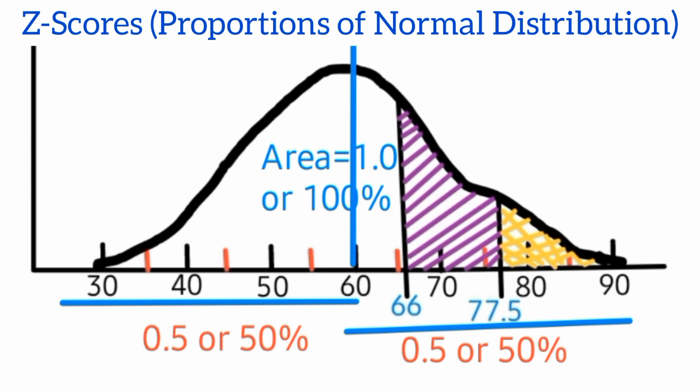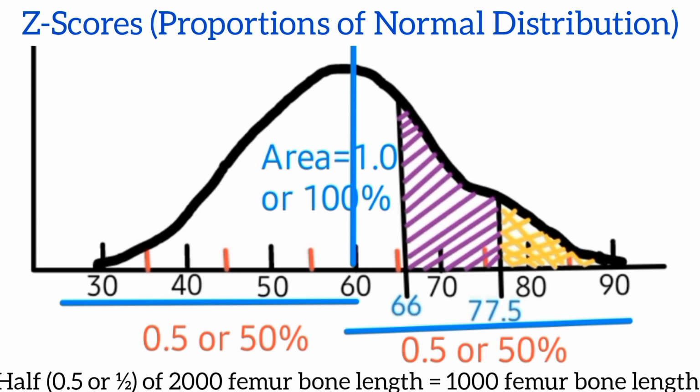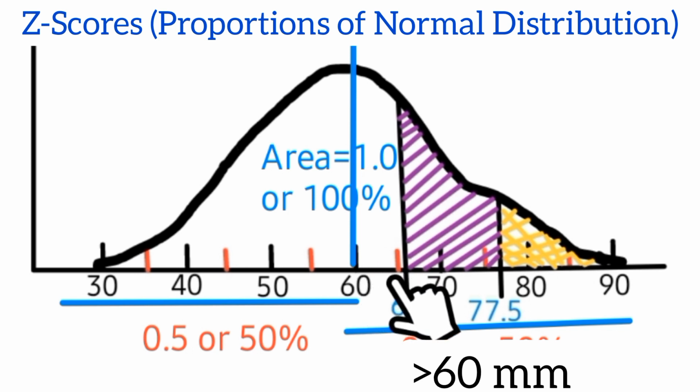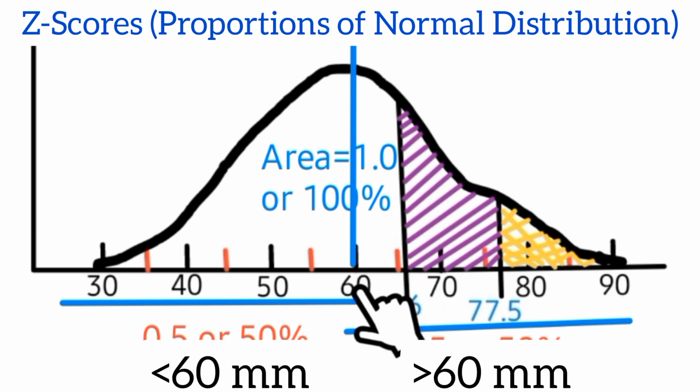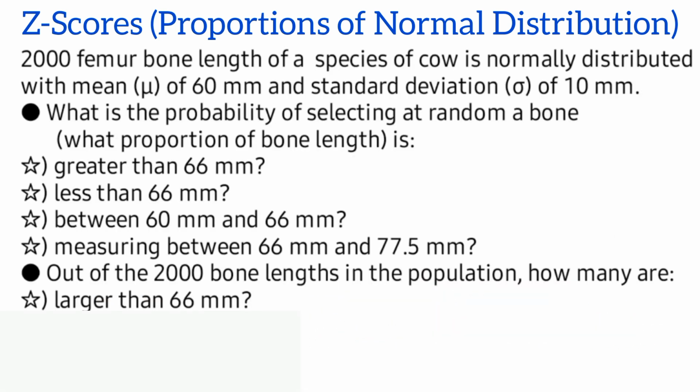In our question, the population of the femur bone length is 2000. This simply means that half of the population, that is 1000 bone lengths, is larger than 60, and another half is smaller than 60. The first question asks the proportion of bone length or the probability of selecting at random a bone that is greater than 66 mm.